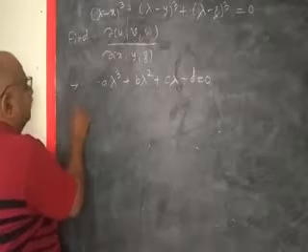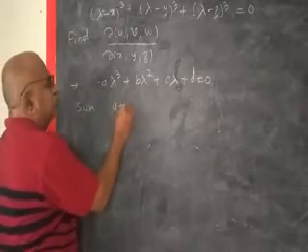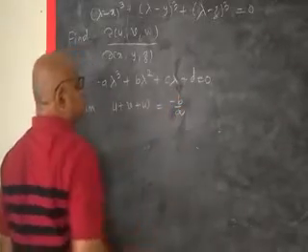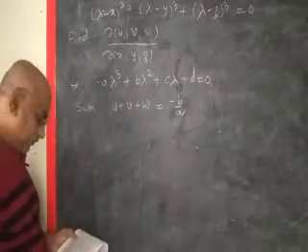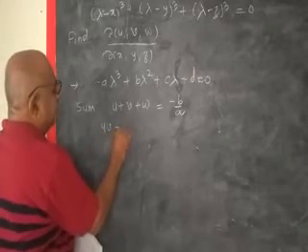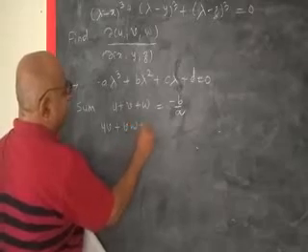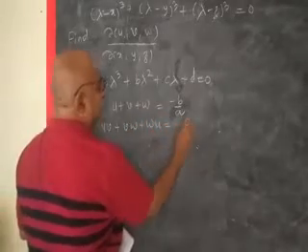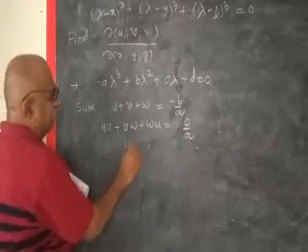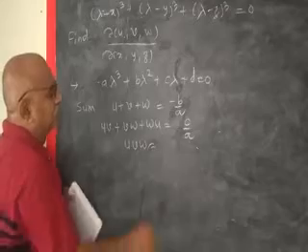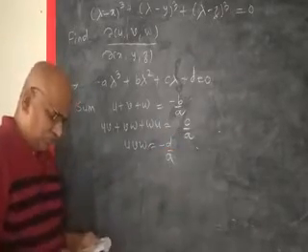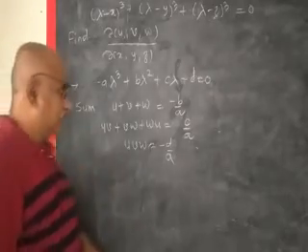Then sum of roots u plus v plus w equal to minus b by a. Product of two roots at a time, uv plus vw plus wu, equal to c by a, and the whole product uvw equal to minus d by a. This is the property of a cubic equation, and we will make use of this.